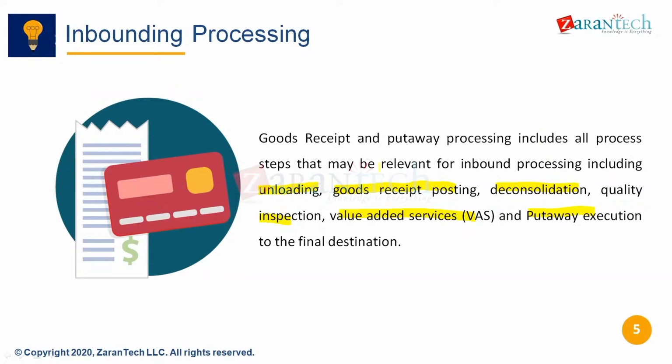Out of these six steps, goods receipt posting and putaway are mandatory for all receipts. You can choose whether or not to track unloading in the system. If you don't want deconsolidation, you can manually repack mixed pallets in the GR area.